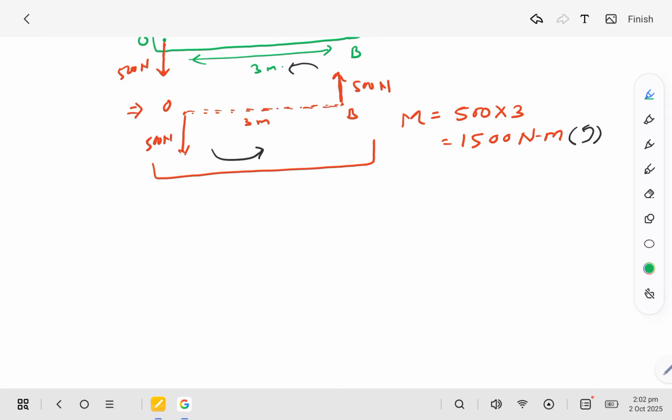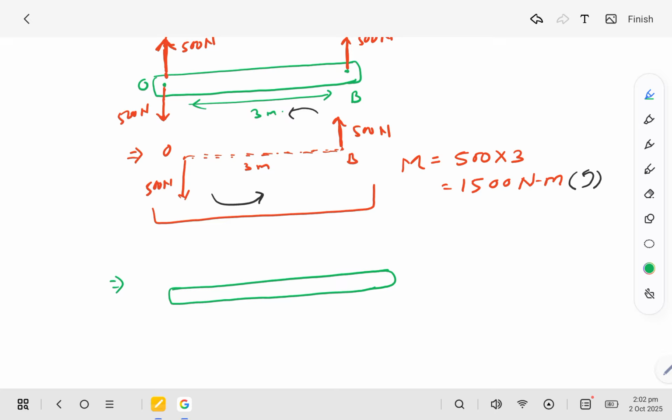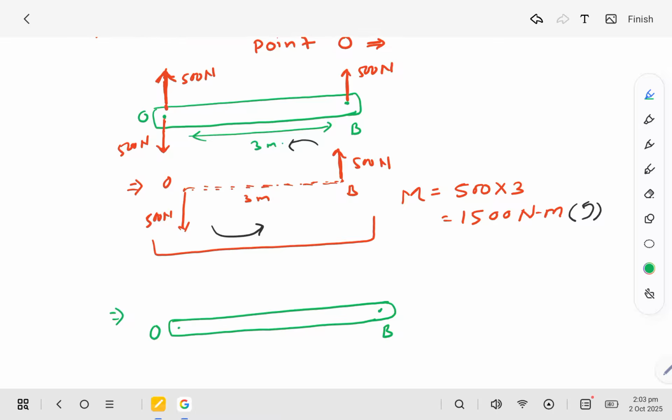So now the problem will transform. This point O is here and this is point B. Now this force and this force already form a couple.